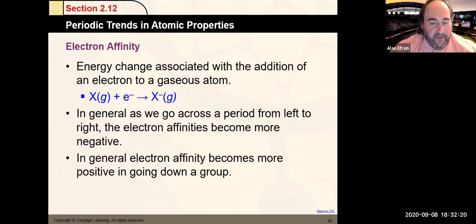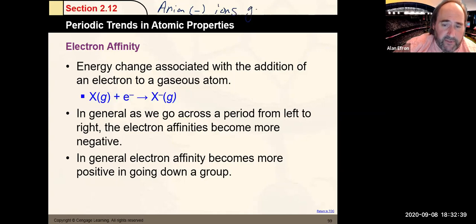Ionization energy is often thought of in terms of the formation of cations, or positively charged ions. Electron affinity can be thought of as what happens when we make anions, which are our negatively charged ions, as a result of gaining electrons.